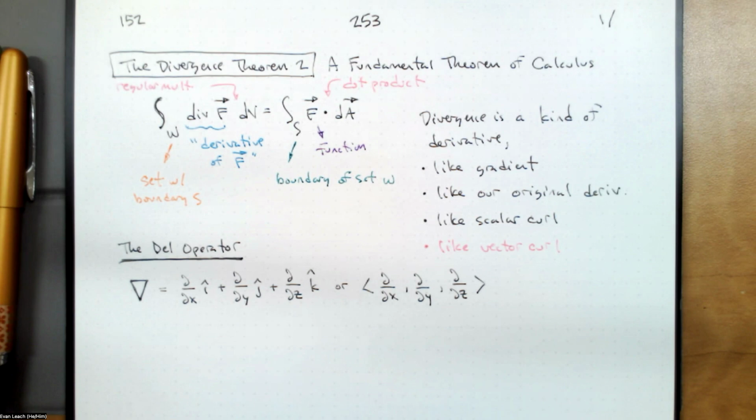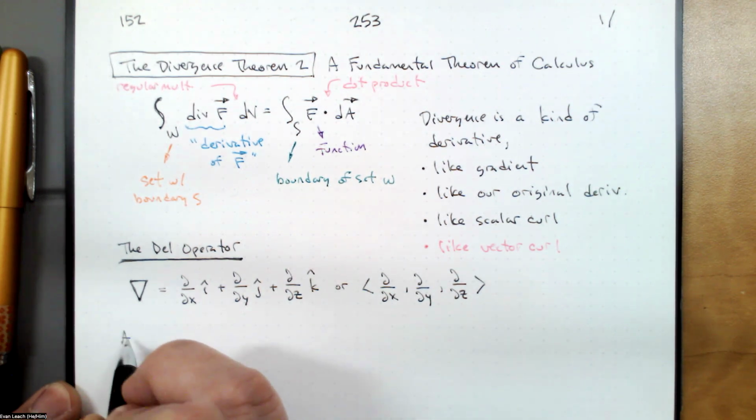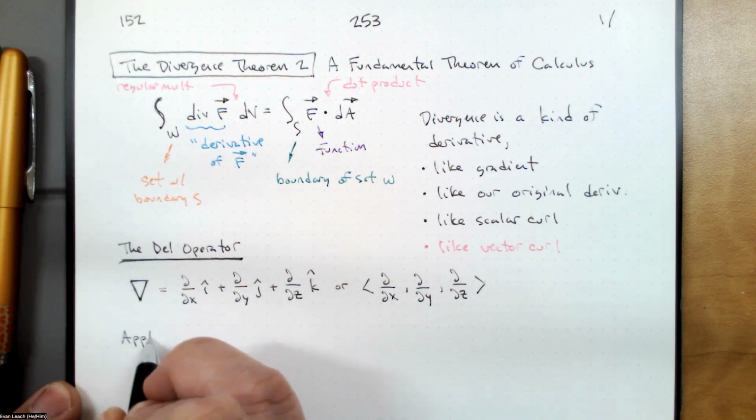So the del operator is a vector. We can apply it to a scalar function, and we can multiply it by a vector field in two different ways.